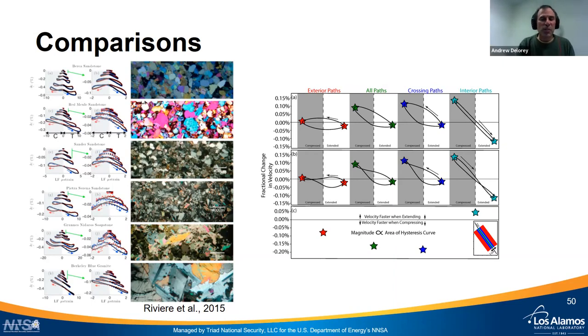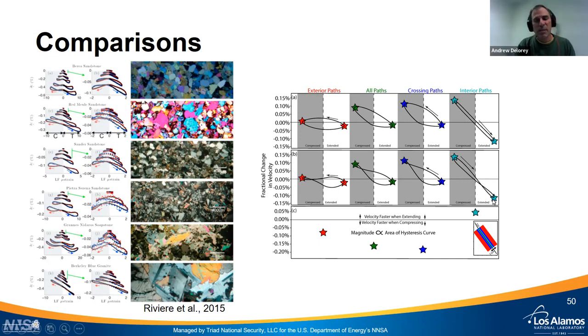But ultimately, my results look pretty similar to the blue granite, especially the interior paths. If you look at this hysteretic behavior, looking at both the strain rate and the strain, what looks like the blue granite is kind of the interior path with the single crossing loop.